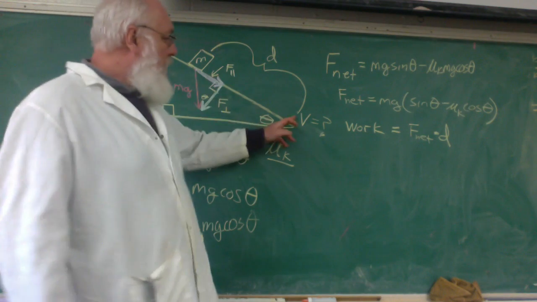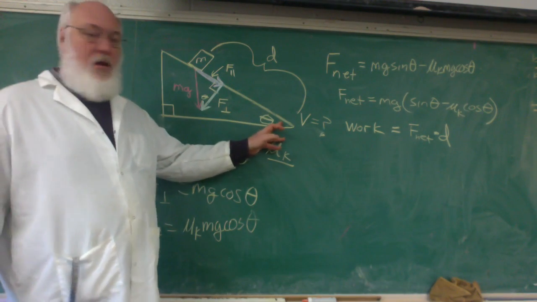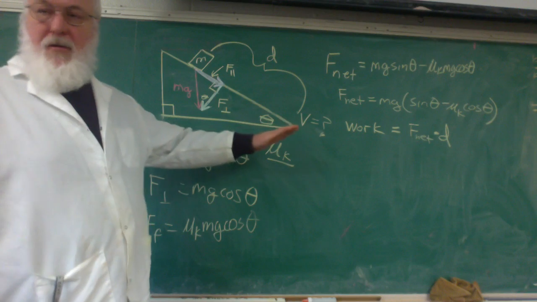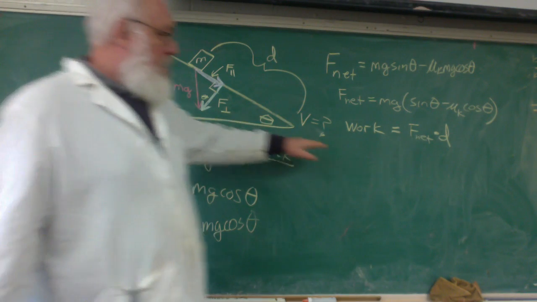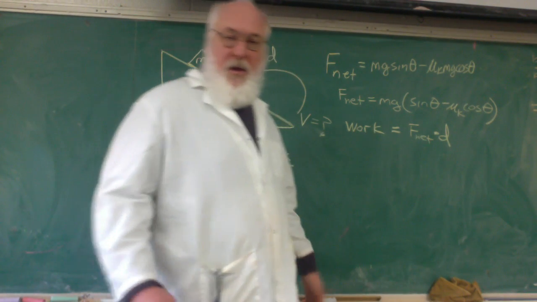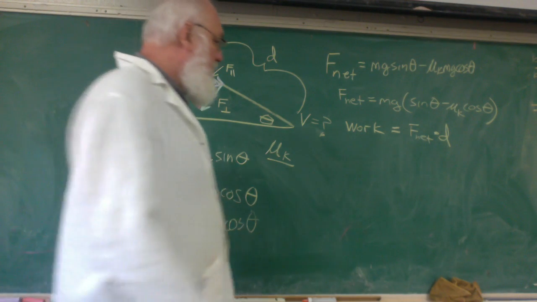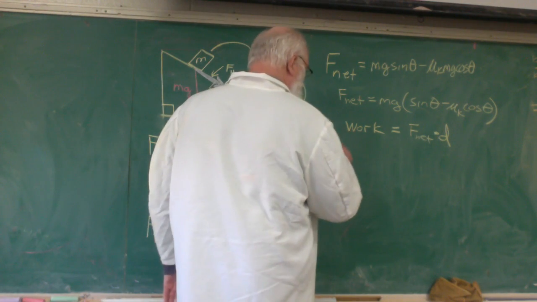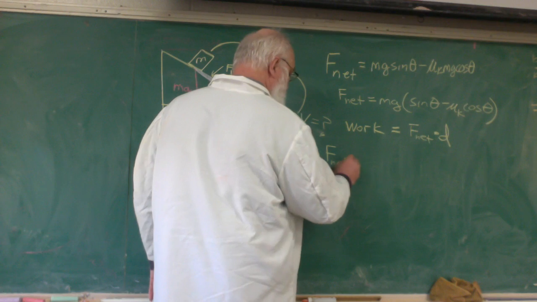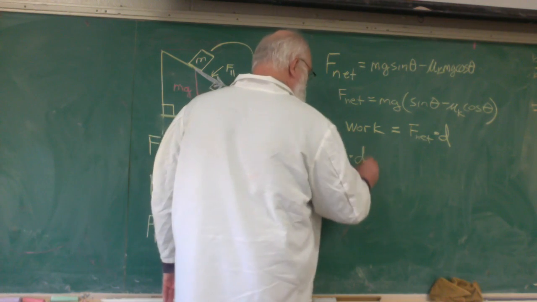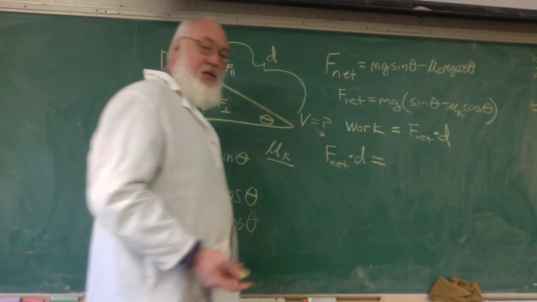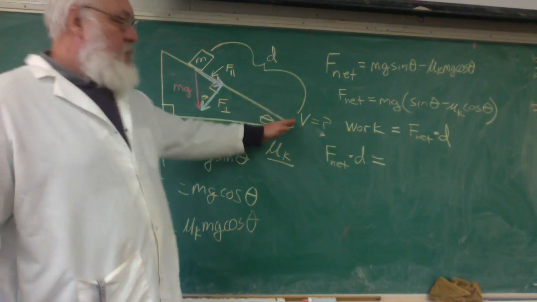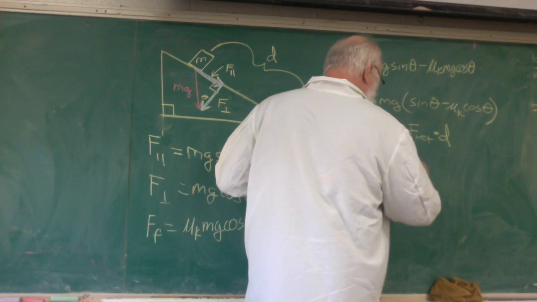So that work, as it goes down the incline, is going to speed up. So that net force work will go into increasing the kinetic energy. So F net times d, which is that work, will be changed into kinetic energy by the bottom, which will be 1/2 mv squared.